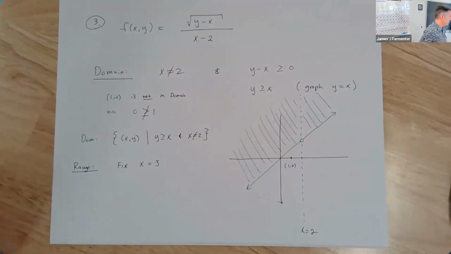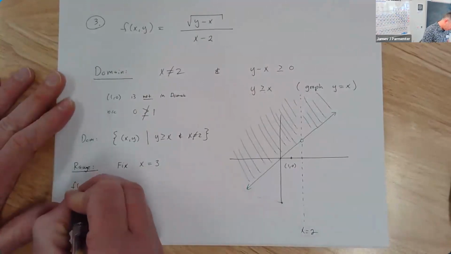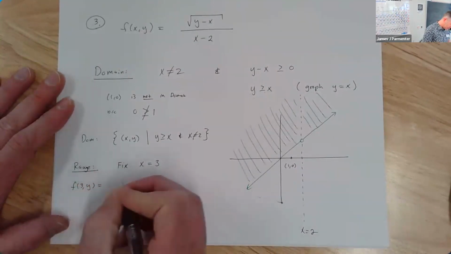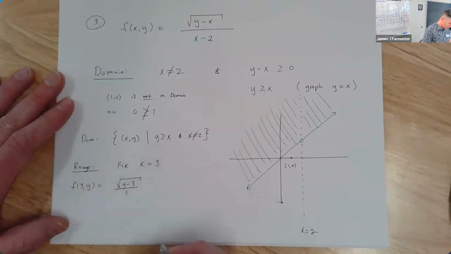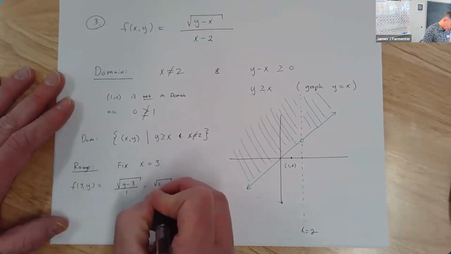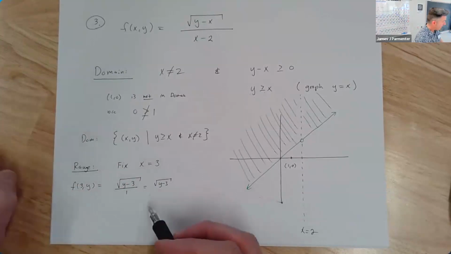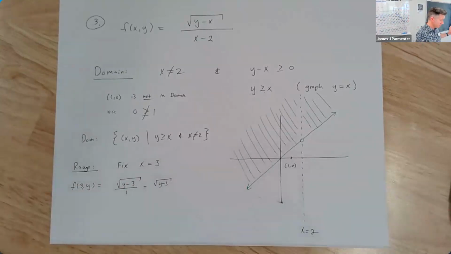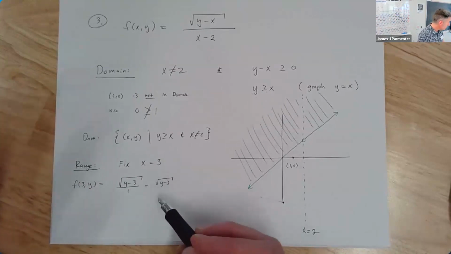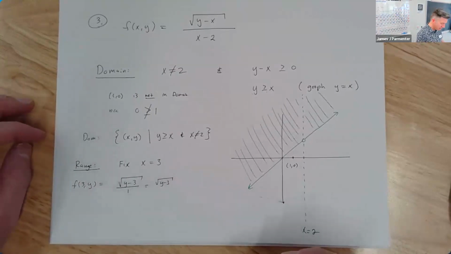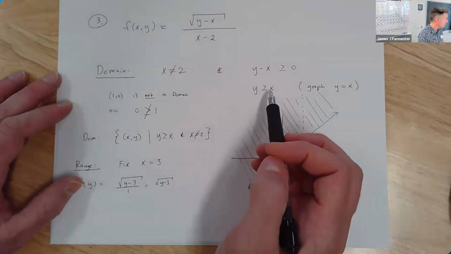And I picked 3 so that my denominator would be 1. So then f(3, y) is going to be the square root of y minus 3 over 1, which is the square root of y minus 3. And I know that y can be anything. Well, that's not true. y has to be bigger than or equal to x, which makes sense. y can't be 2 or 1 or 0 currently, because I've put x equal to 3 and y is bigger than or equal to x.